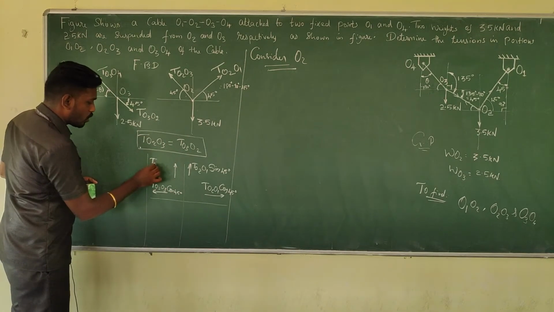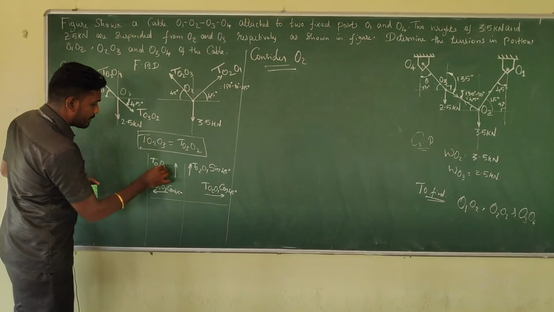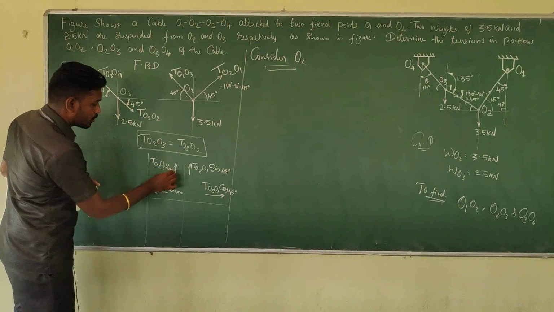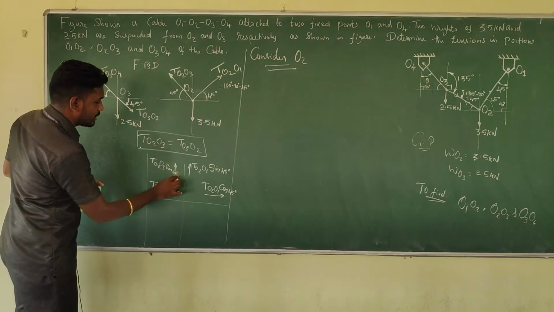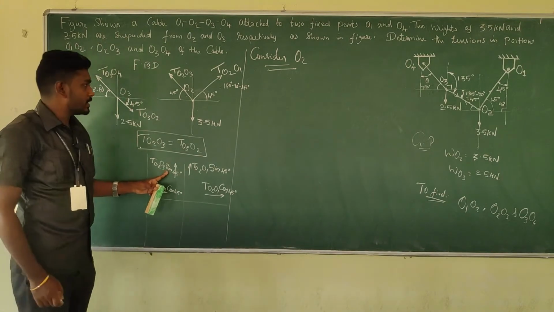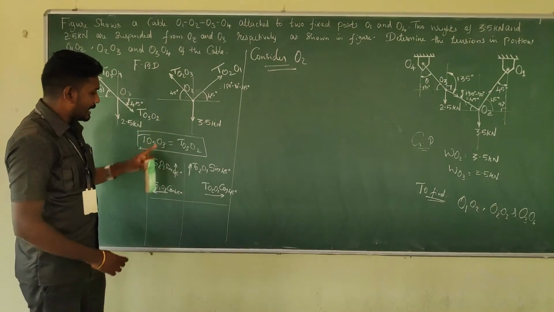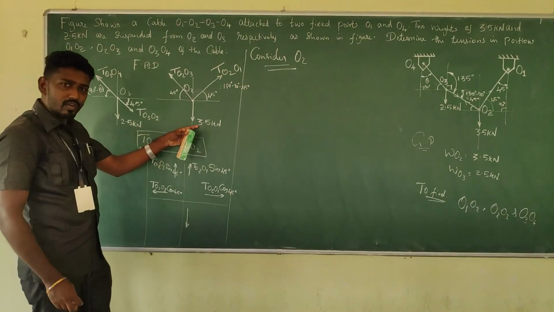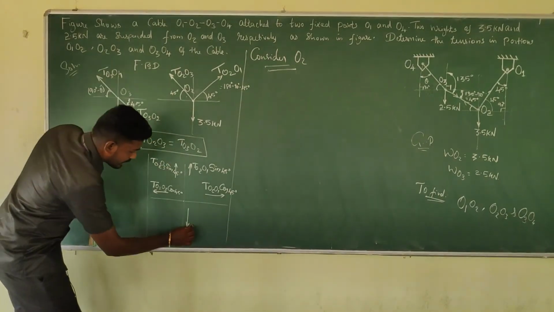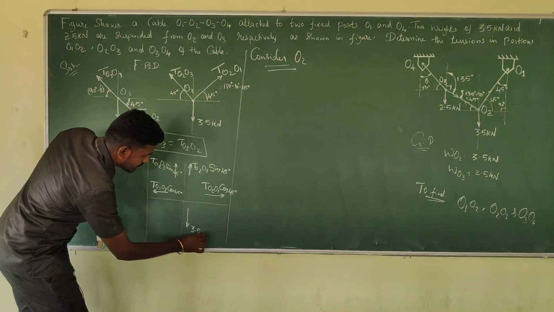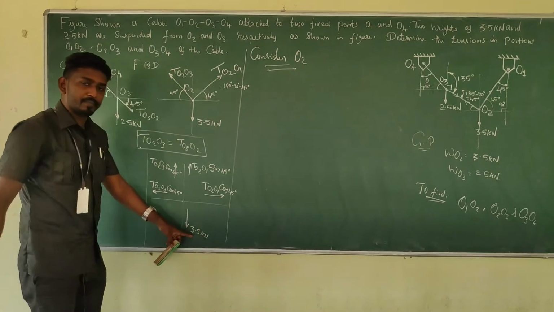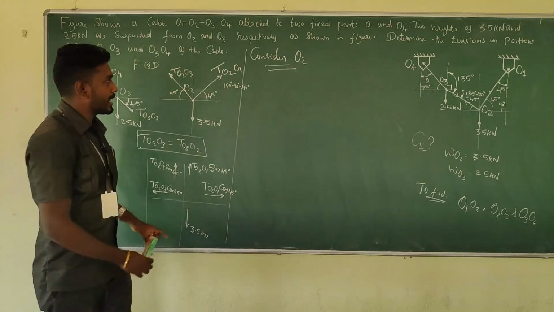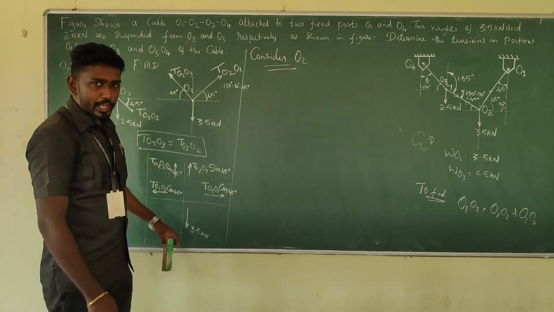Here TO2, O3, sine 45 degrees. Sine is given since it is a vertical component. Okay, and here we have the downward force which is vertical. So without confusions we can take directly 3.5 kilonewton.